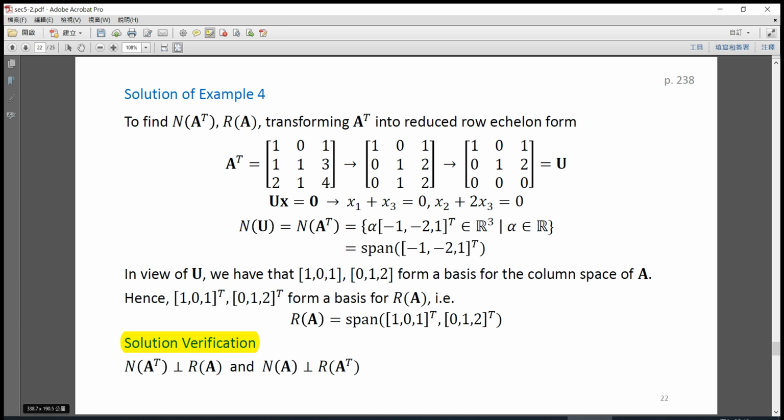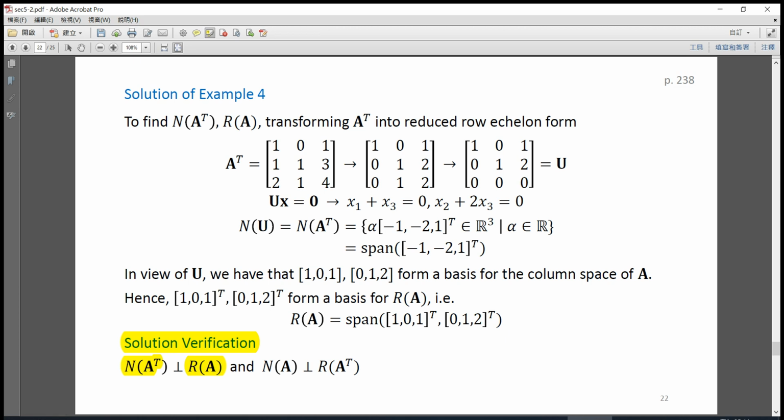We can check whether the null space of A transpose and the column space of A are orthogonal subspaces or not. If N(A^T) and the column space of A are not orthogonal subspaces, then this means you made a mistake during your calculations.